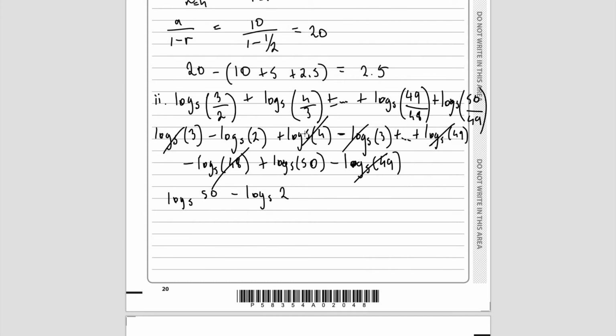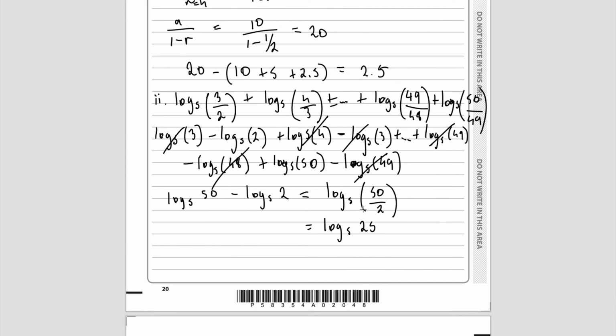I understand this is quite complicated, so feel free to pause the video, rewind and re-watch how I came to form this. But from here, what we're able to do is to almost reverse what we did and use our subtraction law again to find log base 5 of 50 over 2. And from that, we get log base 5 of 25.